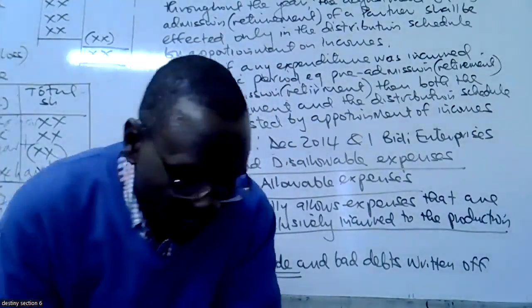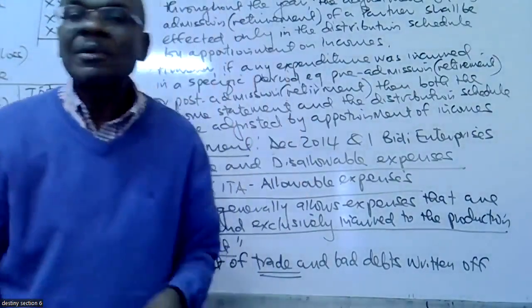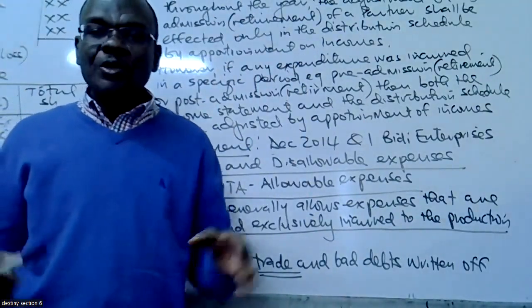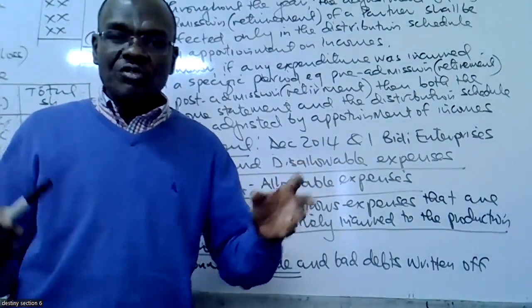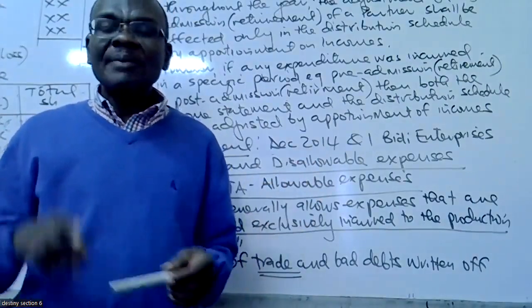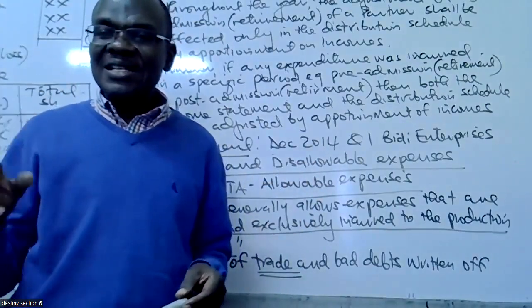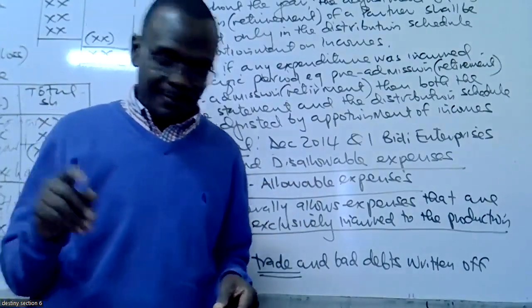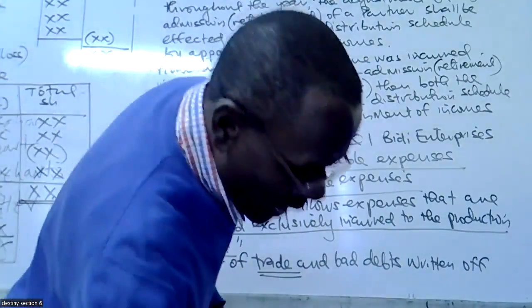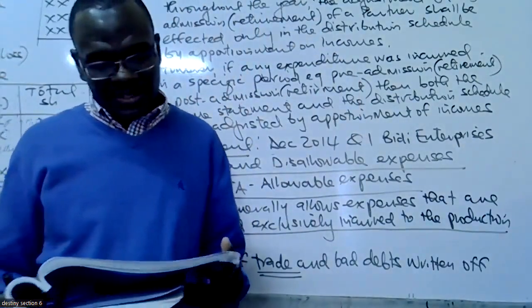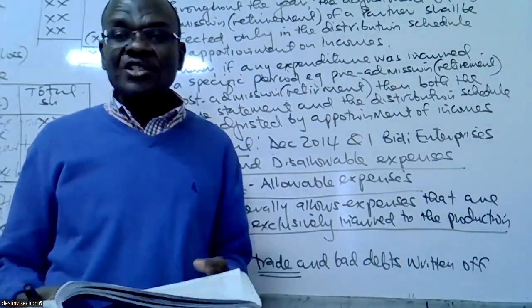So leasing could be leasing of land, could be leasing of a building. So the legal cost for drafting a lease agreement would be allowable as long as the lease period does not exceed 99 years. So that's our first allowable legal expense.